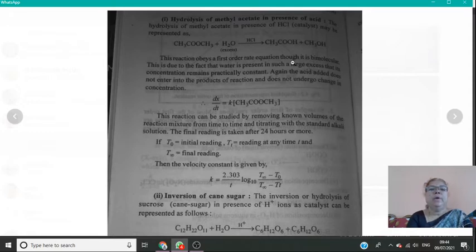When ester reacts with excess of H2O in presence of HCl, it produces acetic acid, CH3COOH, plus CH3OH, and this phenomenon is called hydrolysis.